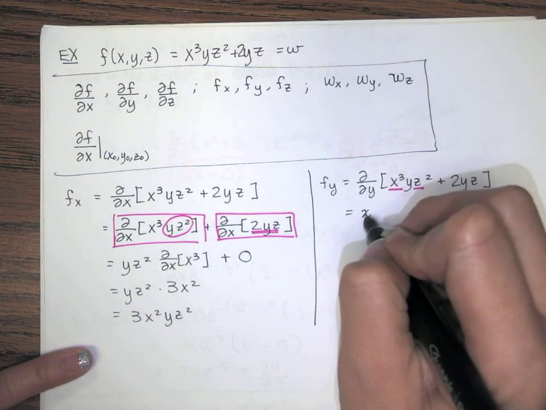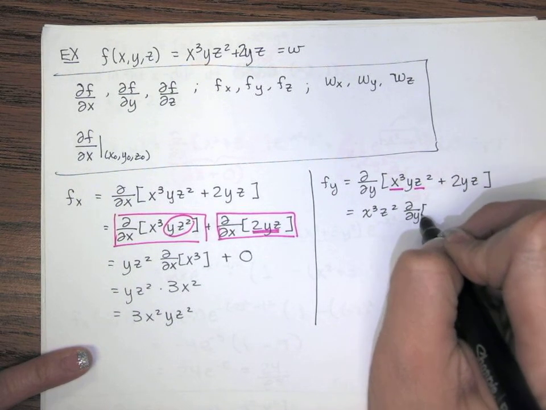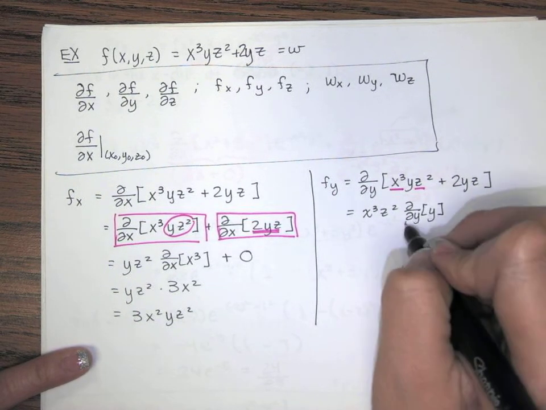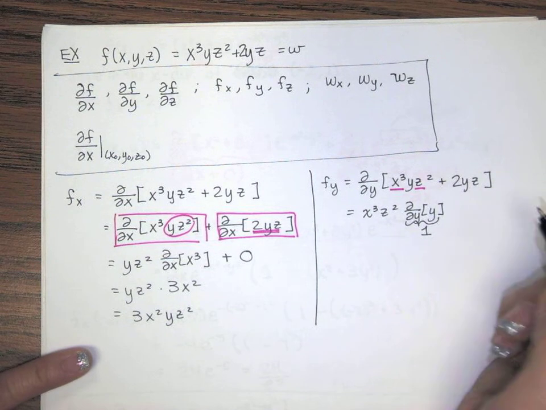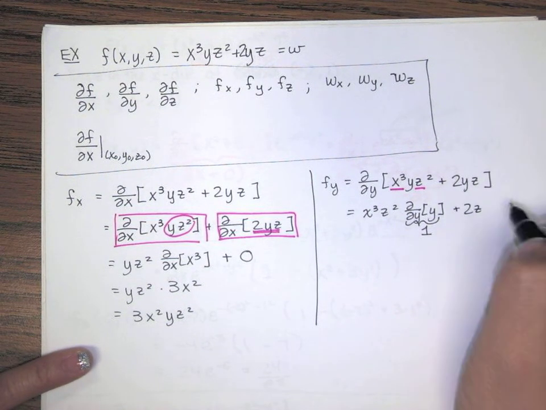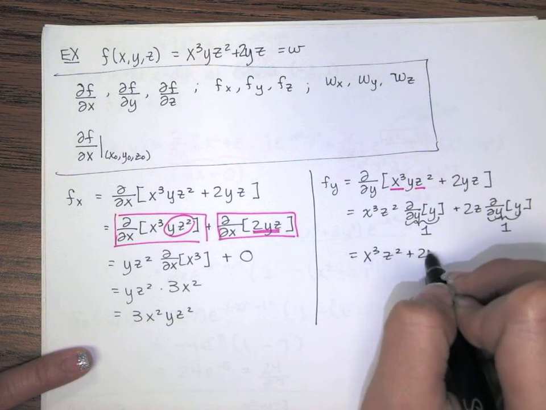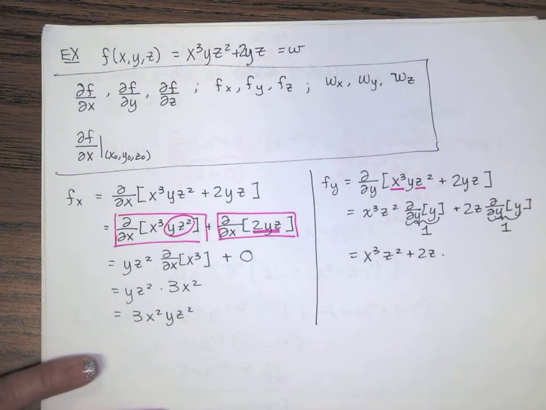Or if you prefer, you can pull the constant out and take the derivative of y with respect to y, which is 1. Over here, 2 and z are constants, so I can pull that constant out and take the derivative of y with respect to y. It's also 1. So we get x cubed times z squared plus 2z, and that's our partial with respect to y.